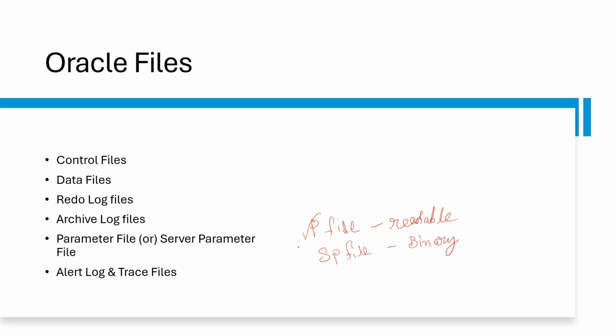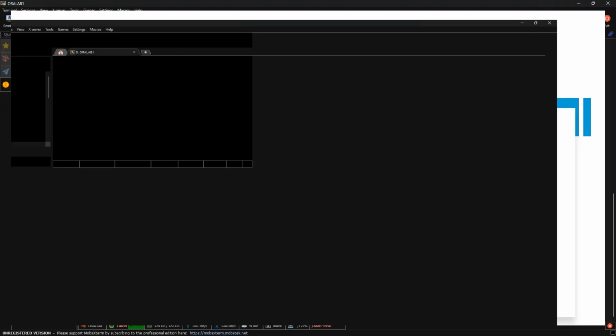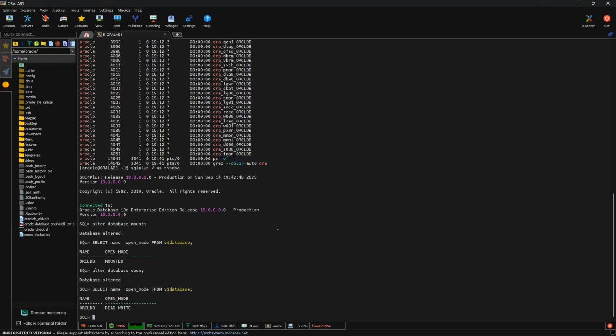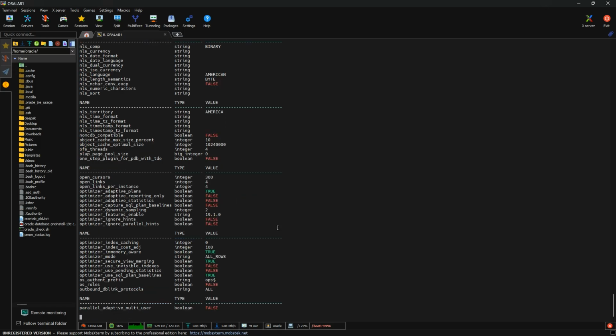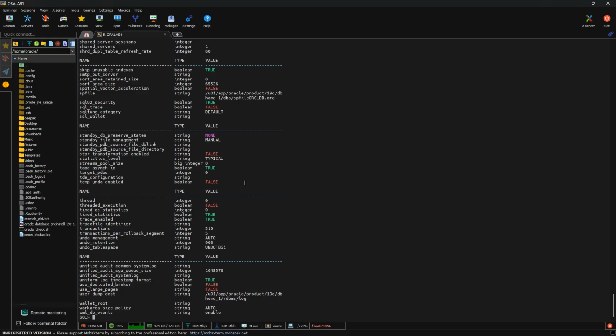Okay, so I will show you those files in the upcoming classes, or I can also show you now with show parameter. You can see all this information. So now it is running with the sp file.